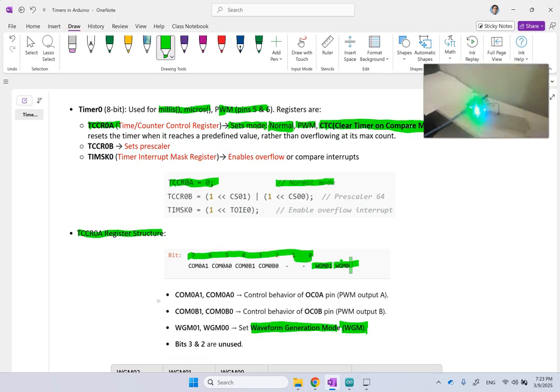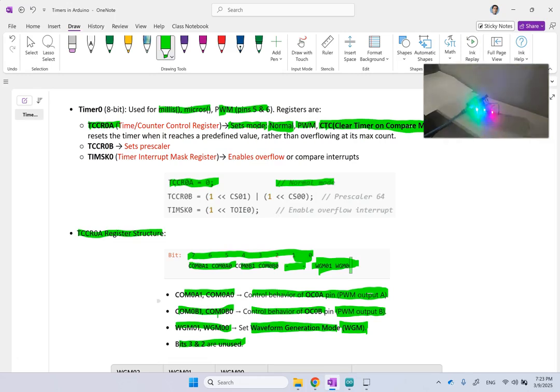And then the next 2 bits are unused. The next 2 bits are for controlling PWM output on pin B, and the next 2, which are A, are the controls for PWM output A. So there are 8 bits, 2 of them are not used. The first 2 determine the mode, and the other ones control the behavior of the output pin.